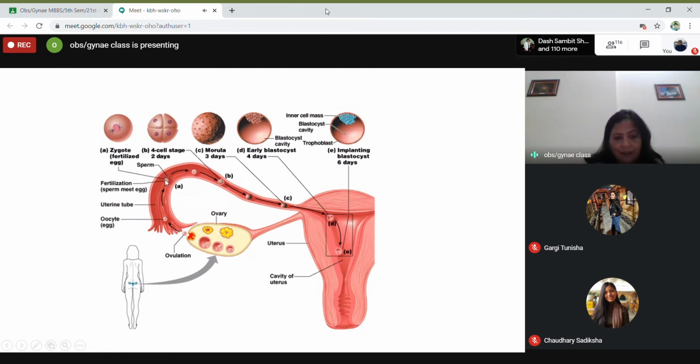This starts dividing, 2 cells, 4 cells, and then when it gets 16 cells, this becomes the morula, and at the same time it enters the uterus and forms the blastocyst when it has 60 cells, and there will be a cell mass at one side and a single cellular covering the fluid.